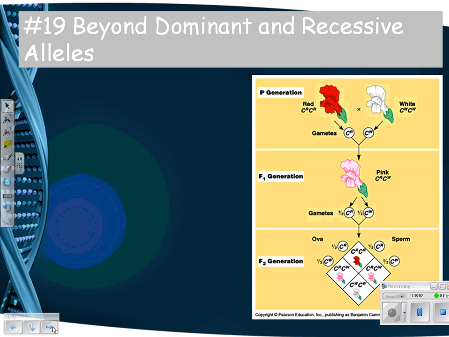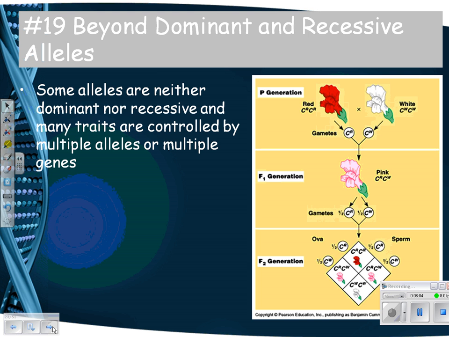So beyond dominant and recessive alleles, some alleles are neither dominant nor recessive, and many traits are controlled by multiple alleles or even multiple genes. So if you look over here on the right, this is an example of a cross in which a red snapdragon is crossed with a white snapdragon, and notice that the offspring all come out pink.